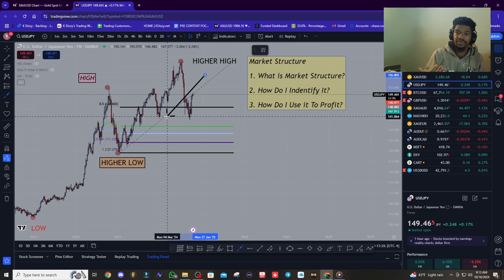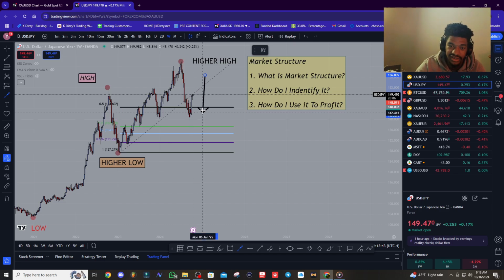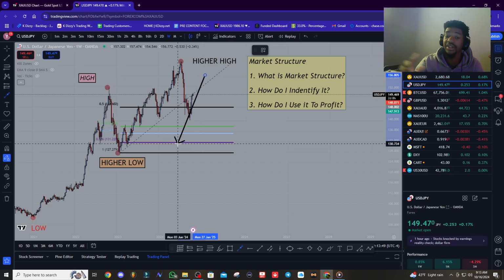We retail traders don't have hundreds of millions or tens of millions of dollars to throw in the market just yet, you know what I mean? So we don't move anything. They have a pattern that they trade with, and it's been historically proven.